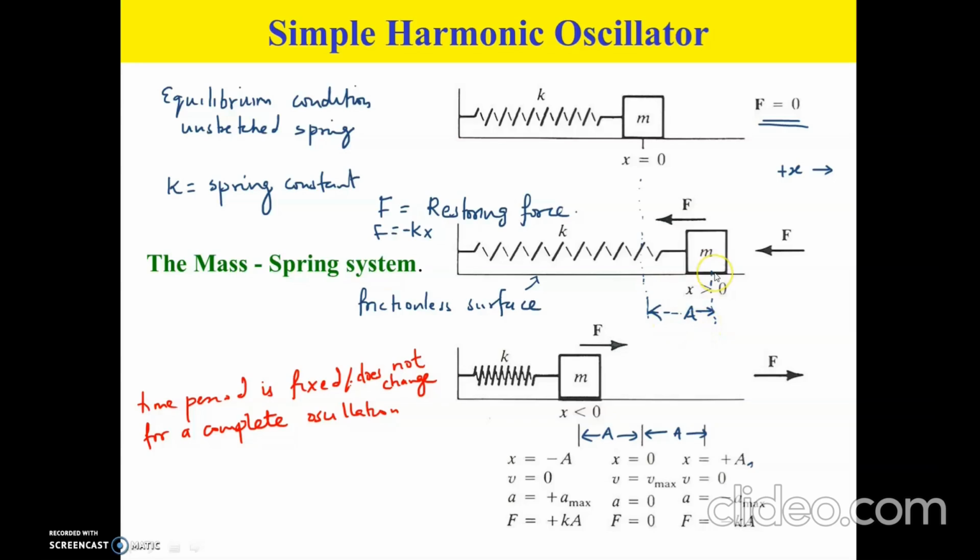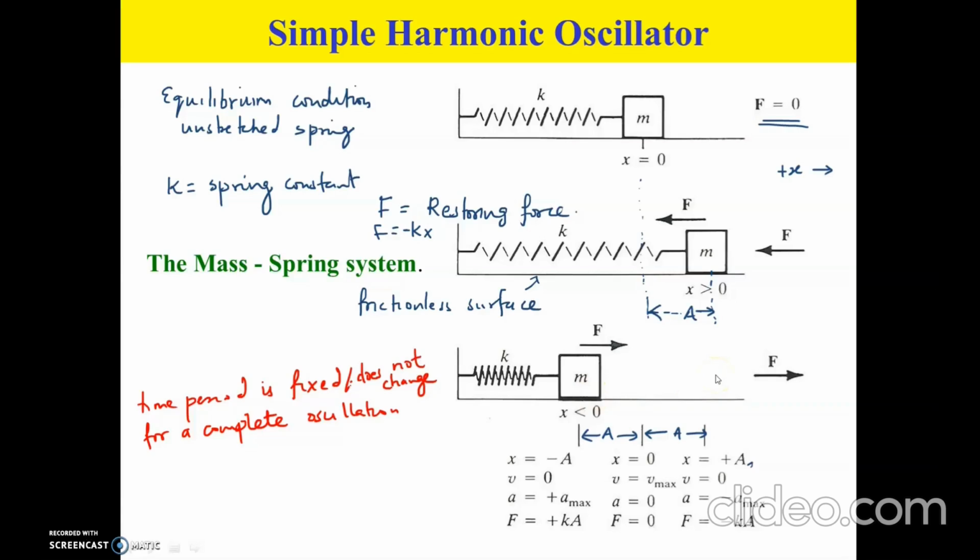If we stretch the spring until this point and let it go, because it's a frictionless surface, it is going to oscillate back and forth. You can see the third situation in which the spring is completely compressed, and now the force has changed direction. The force is pointing towards the positive x direction, and again the spring is going to stretch and go back and forth between these two positions.